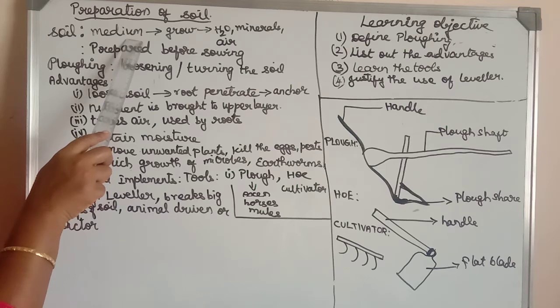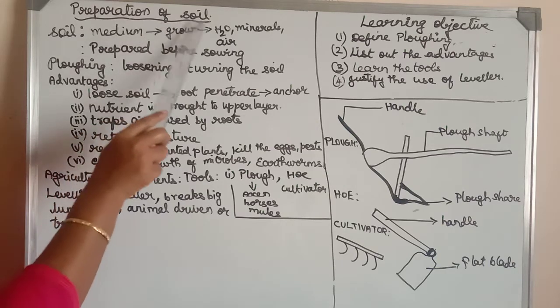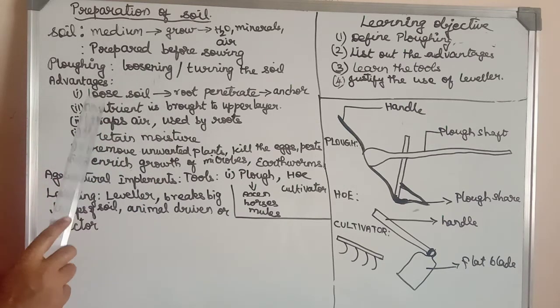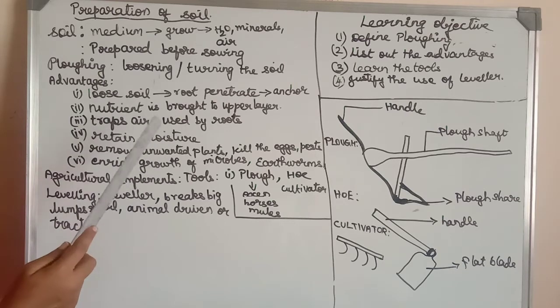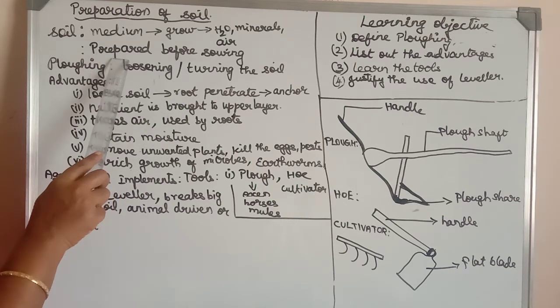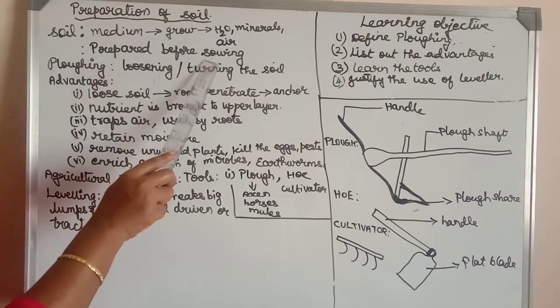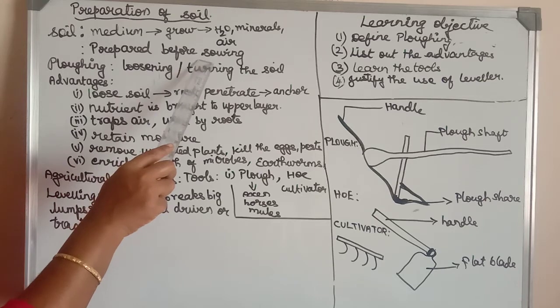So we need to enrich the soil by following the process of ploughing. So what is ploughing? Ploughing is the process that is done to prepare the soil for sowing. That should be done beforehand, before we are spreading the seeds over the soil.